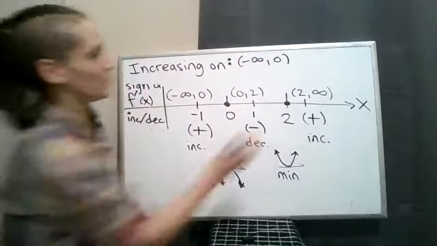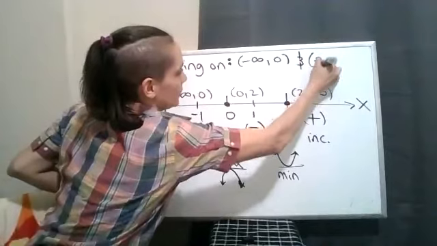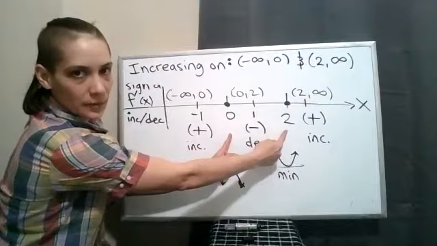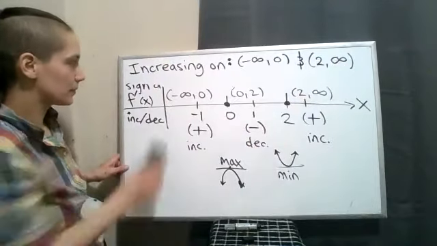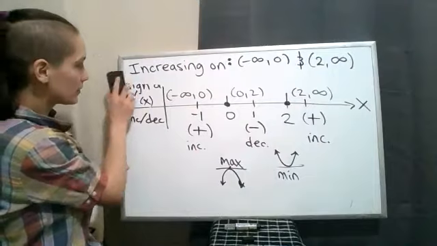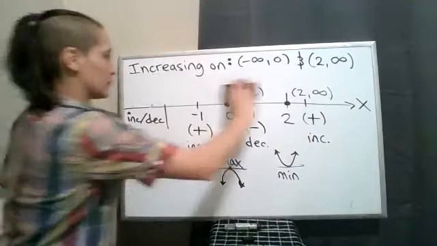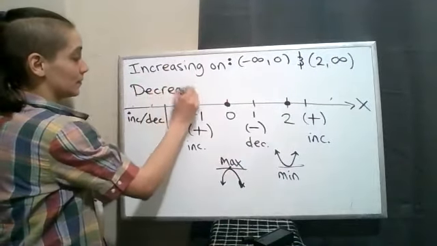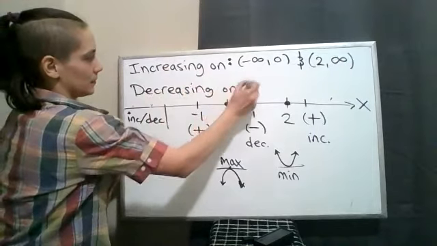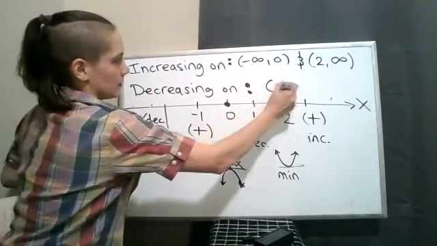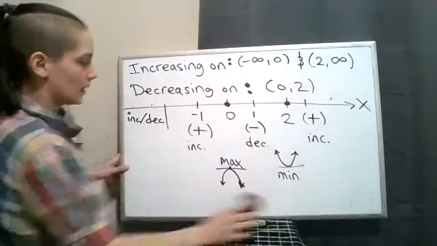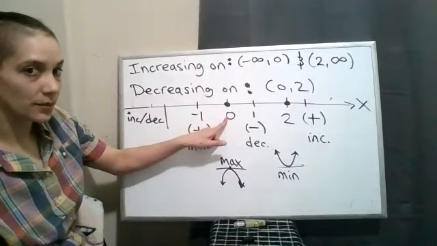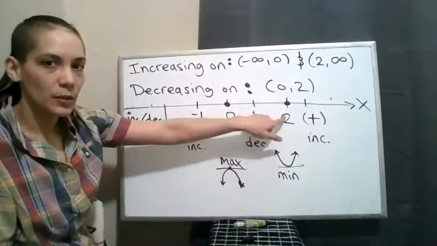And decreasing right here between 0 and 2. Okay, max is at 0, f of 0. So back to your original function. Min at 2, f of 2.